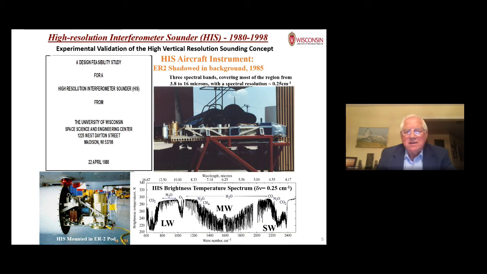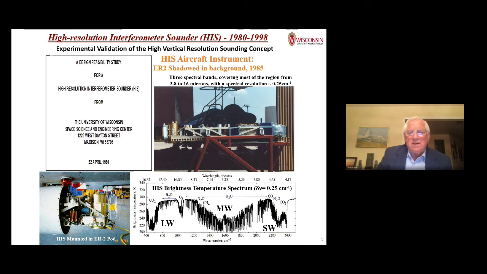This is the NASA ER2. It's a very high altitude aircraft that flies at 20 kilometers, almost in space. In fact, the pilots wear space suits because they're so high. There's no oxygen at all. And they have to wear space suits flying at that level.